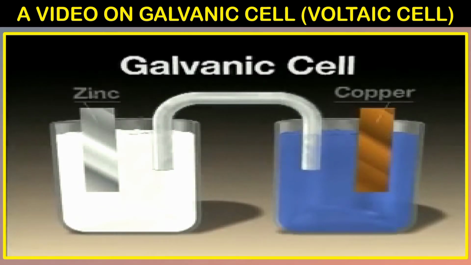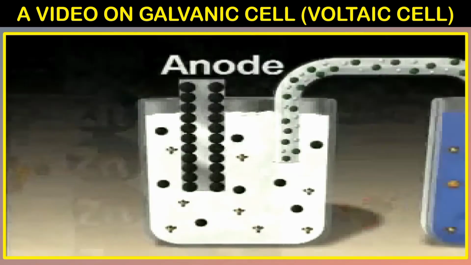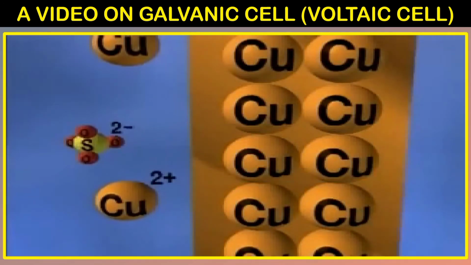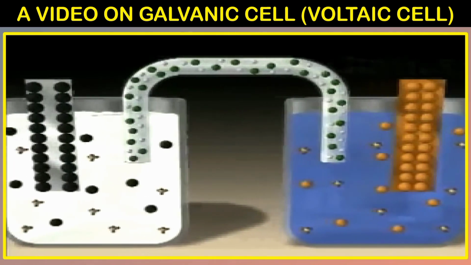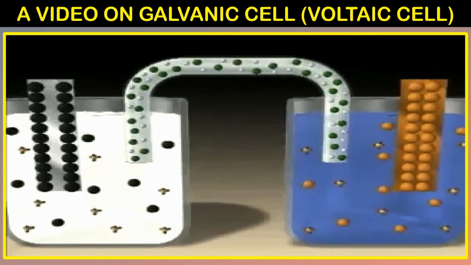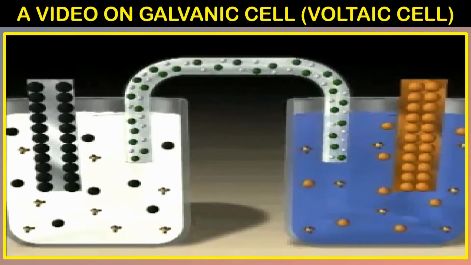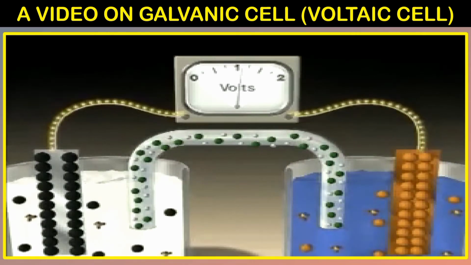A useful galvanic cell can be constructed by using zinc and copper. The anode is a zinc bar placed into a zinc sulfate solution, and the cathode is a copper bar placed into a copper 2 sulfate solution. The two solutions are connected by a porous sodium chloride salt bridge that prevents the two solutions from mixing but allows ions to migrate. Attaching a voltmeter to the cell shows that electrons flow from zinc to copper.